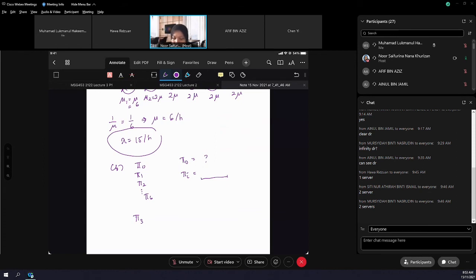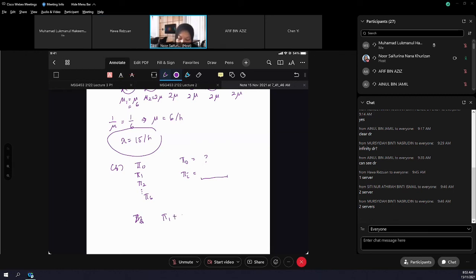If you have 3 customers in the system, does it mean that your server is idle? Oh no. So you actually have pi 1. Pi 1. Yeah, at least one idle. Yes, with pi 0.